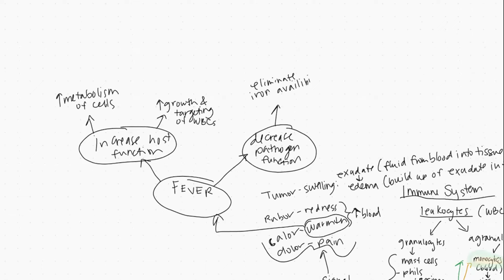Normally we would let it float around in our actual bloodstream, but instead it's going to be kept away from the actual bloodstream so that the microbes can't get to it, and they need iron too, just like we do. And then the other thing, other than eliminating the iron availability, the high temperature literally inhibits microbial growth.